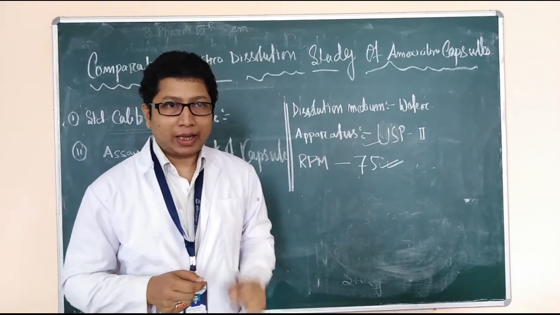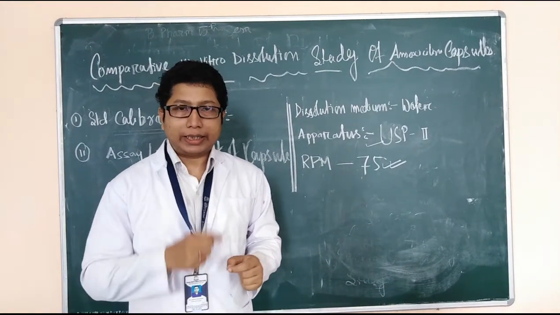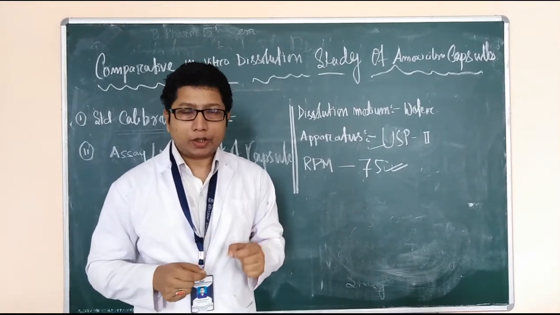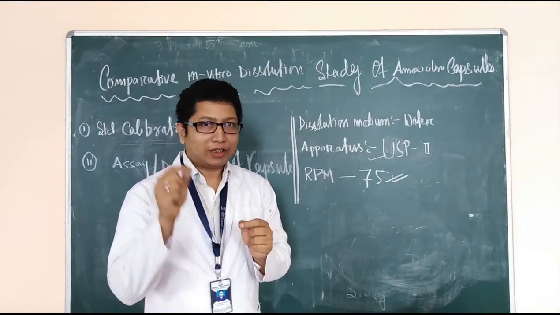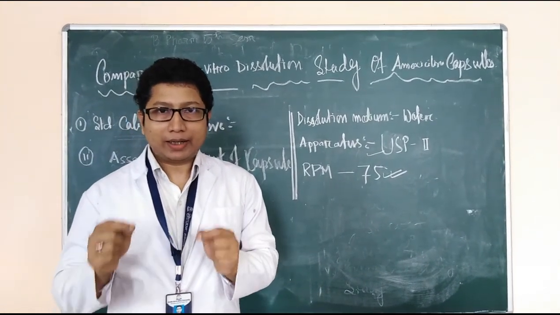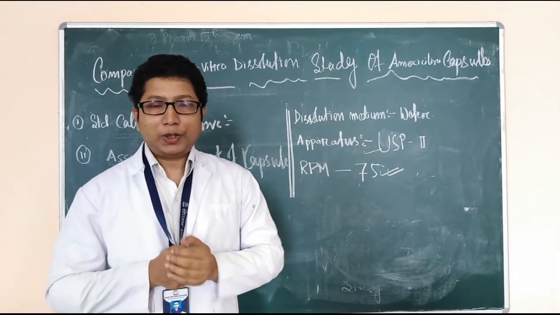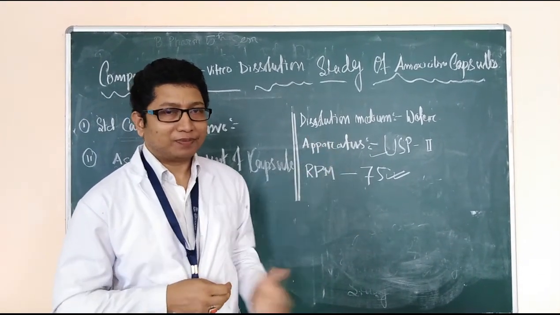And whenever you interpret the data, each data point should be fitted in the equations properly and the final values calculated so that you can conclude the practical result properly. In this way, you can perform this study. Thank you.